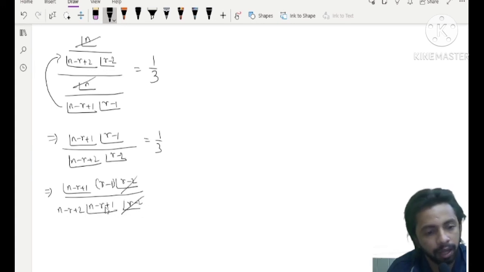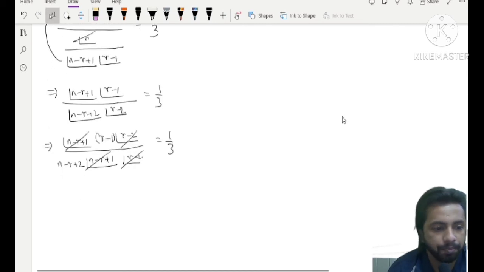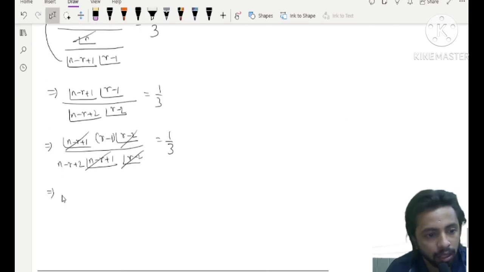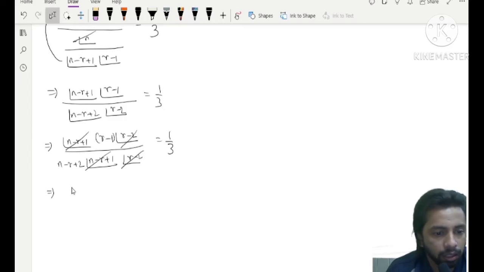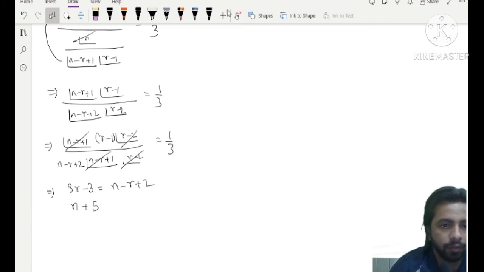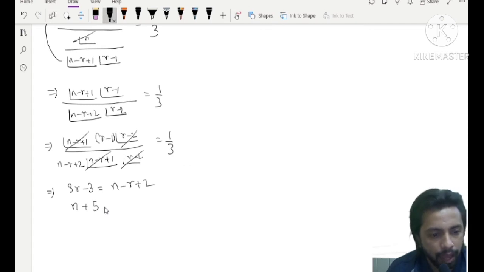We'll have some cancellations, and the last thing that we'll be left with is 3r minus 3 equals n minus r plus 2. So the first equation is on the way: n plus 5 is equal to 4r. This is the first equation.